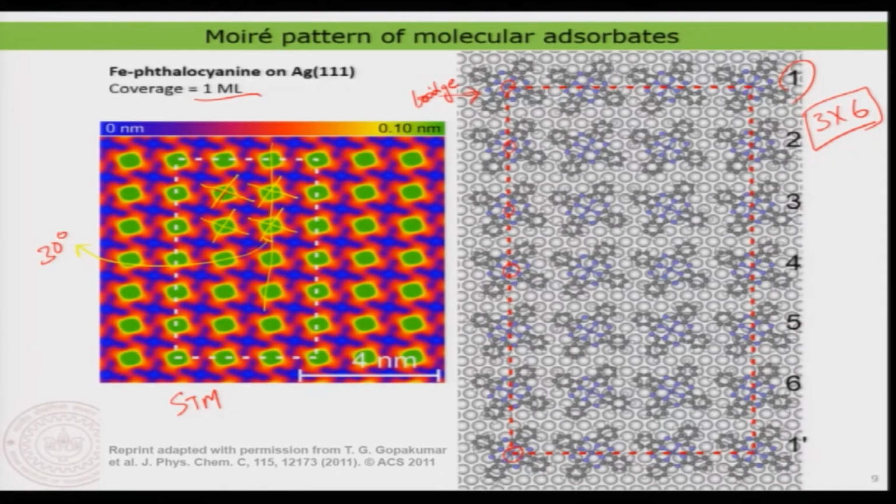So, we cannot just say that this is the unit cell that defines the molecule; the red dashed line represents the molecular lattice. That means what is going on at the interface is even more complex than what you would imagine in the case of atomic adsorbates, but nonetheless it is an extremely interesting topic to investigate, and using microscopy like you see here, one can understand things at the atomic scale, which helps in understanding the molecule-surface interface in greater detail.